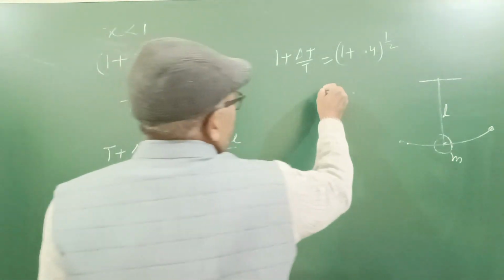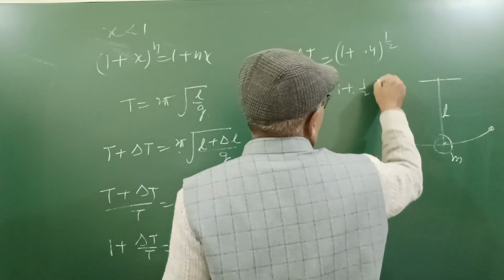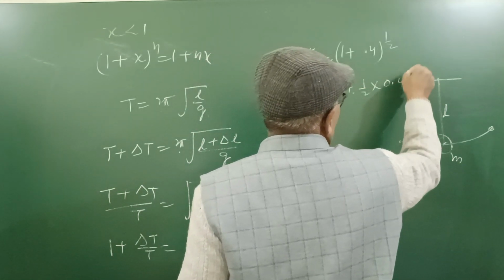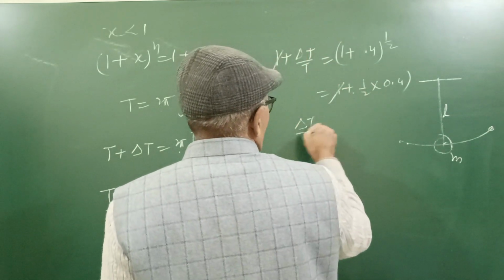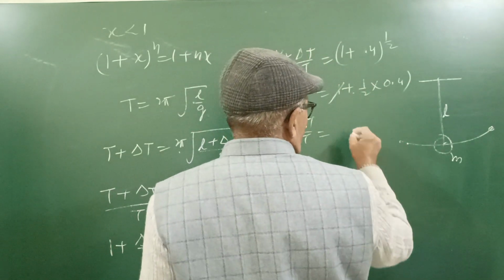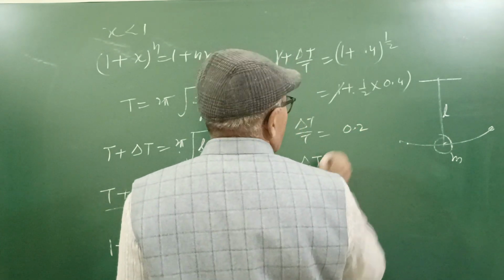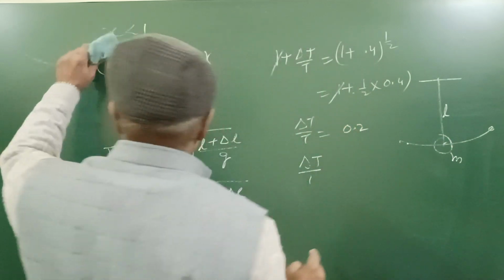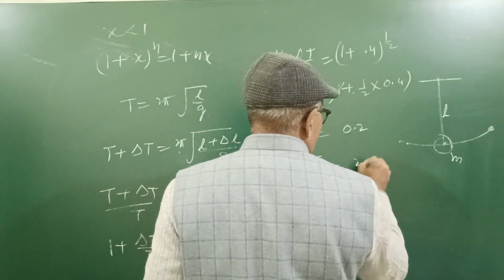Apply directly here. It will be 1 plus half of 0.04. This one cancels. Delta T upon T equals 0.02, so nearly 2%, because there is approximation here. So exactly it is not, but nearly.